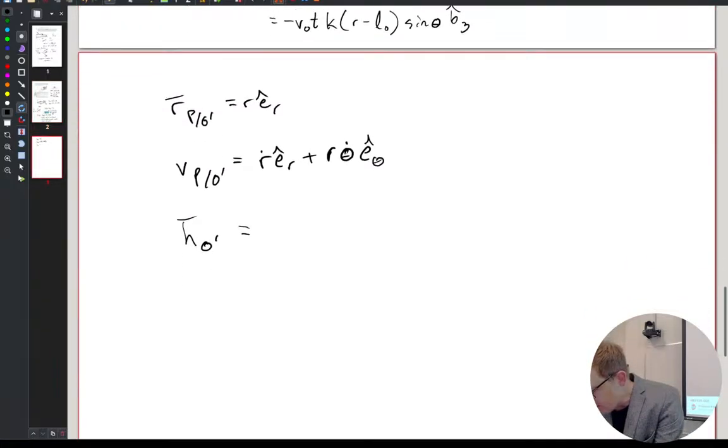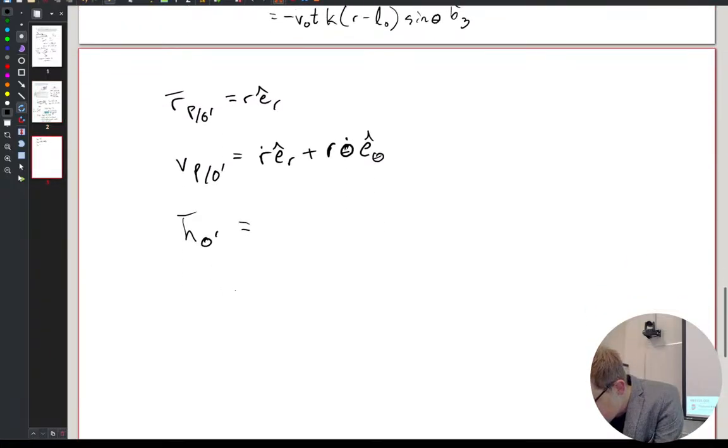In general, the sum of the forces equals mass times acceleration. If we want the sum of the moments, we're taking r cross the sum of the forces, which is also r cross m a.